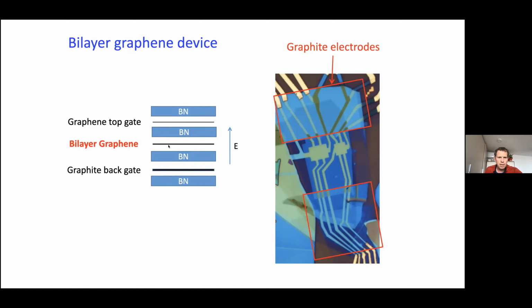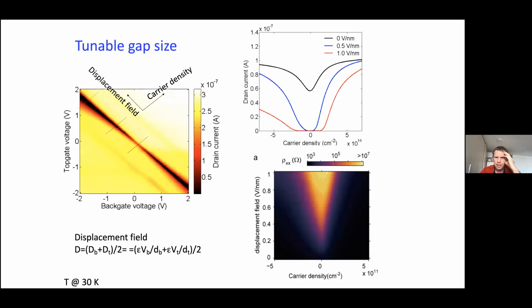But we can also apply an out-of-plane field and open a band gap. And that band gap is directly creating an inversion symmetry breaking, which then also leads to the Berry curvature.